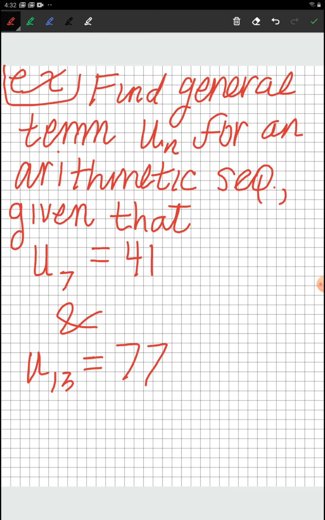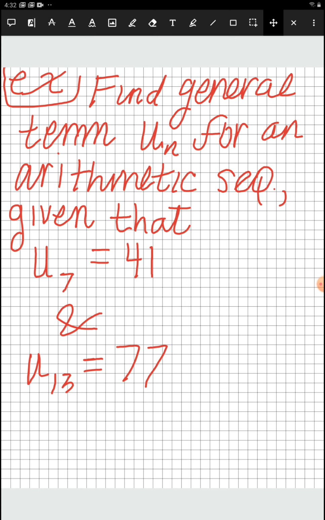Okay, so make sure you have this copied correctly, and then we're about to solve.